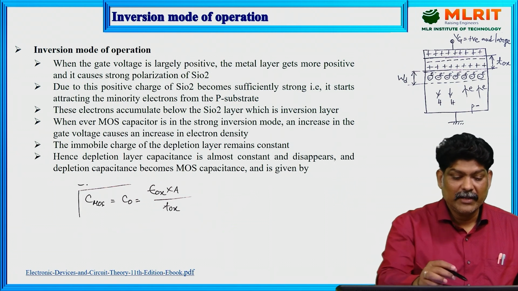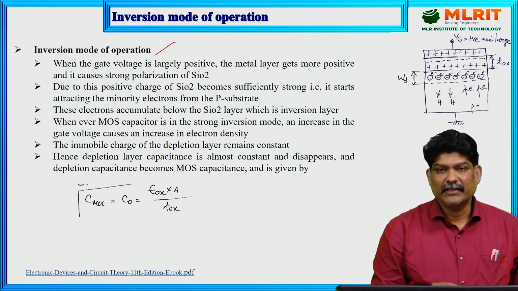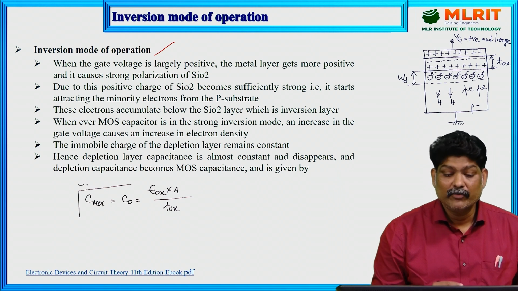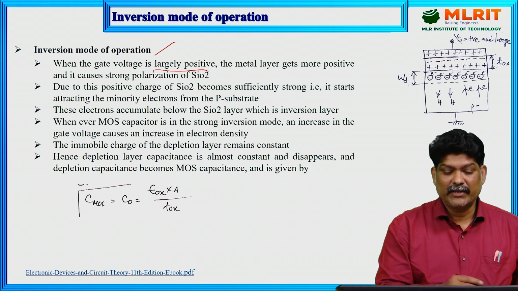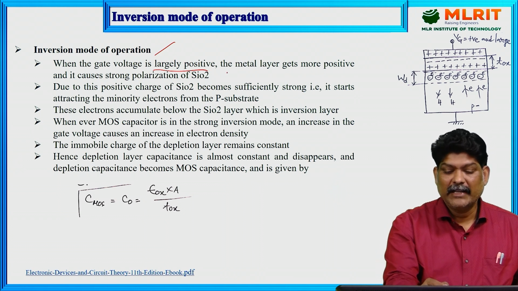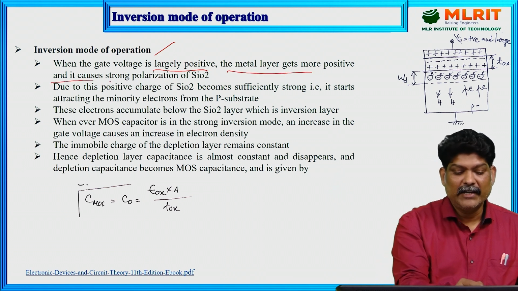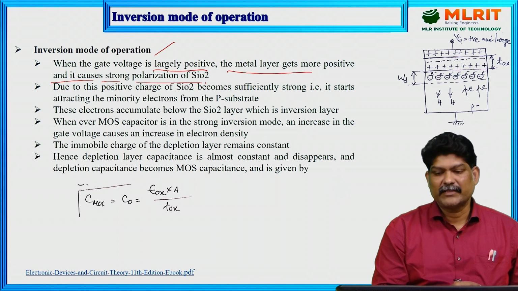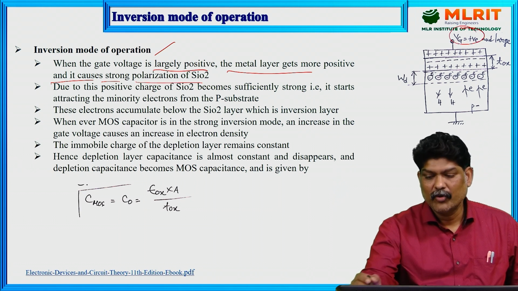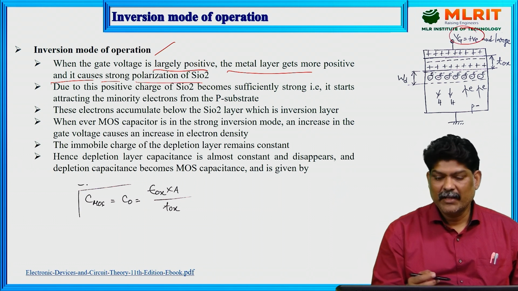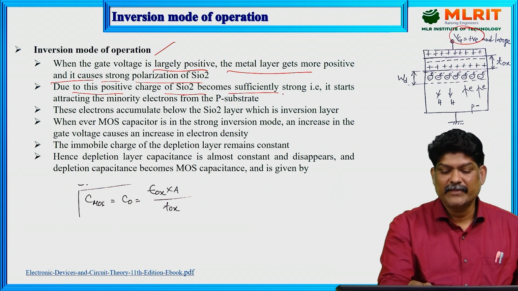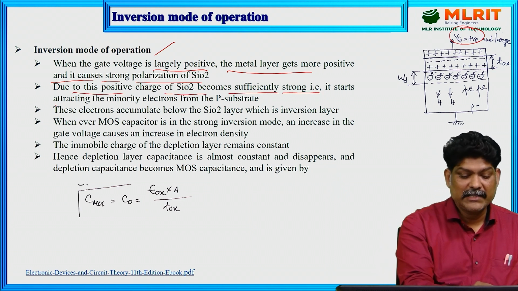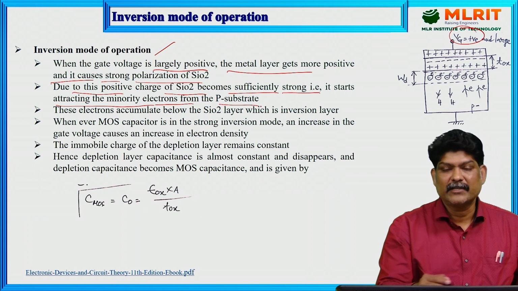Now coming to the inversion mode of operation. In inversion mode, the gate voltage is largely positive. If you apply a positive voltage to the gate, the metal layer gets more positive and it causes strong polarization of SiO2. Due to this, the positive charge of SiO2 becomes sufficiently strong, and it starts attracting the minority electrons from the P substrate.